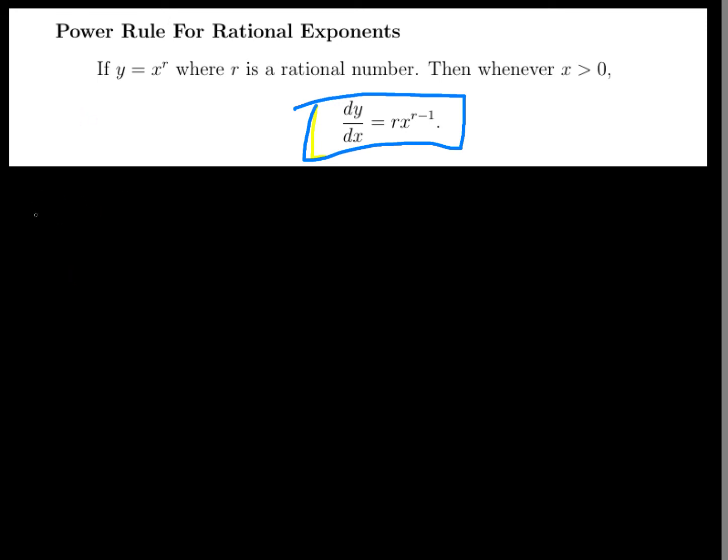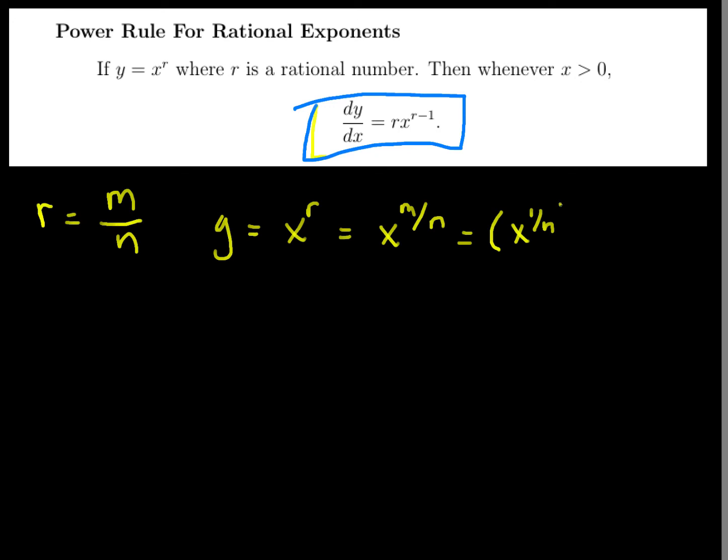Start off: since r is a rational number, I can rewrite it as m over n, where these two numbers are integers. That means that if y equals x to the r, I could rewrite it as x to the m divided by n. Or, to make our life even easier, this is x to the 1 over n, raised to the m power.